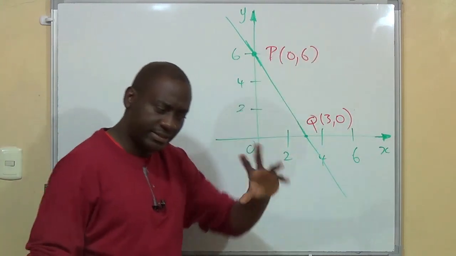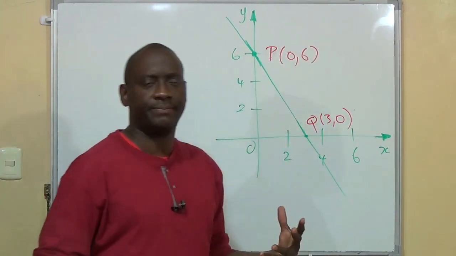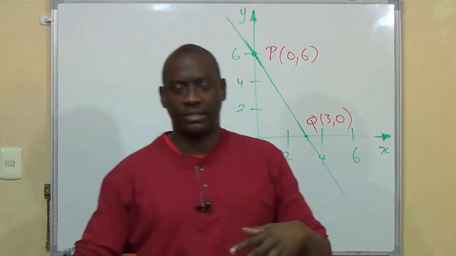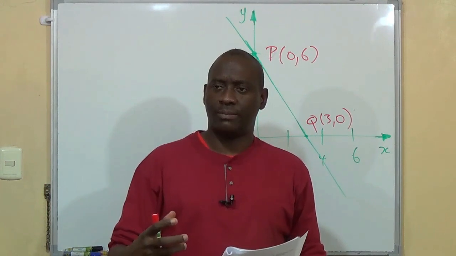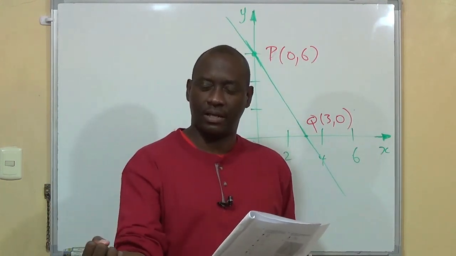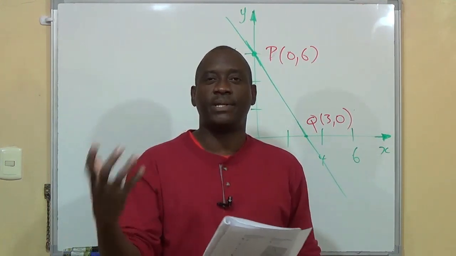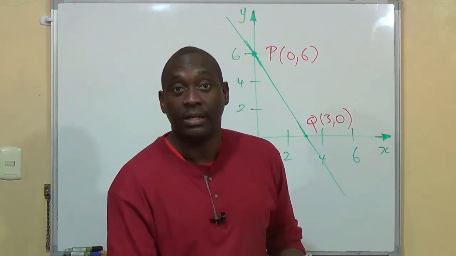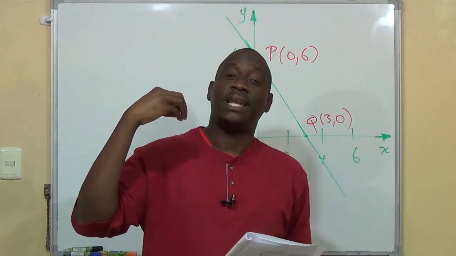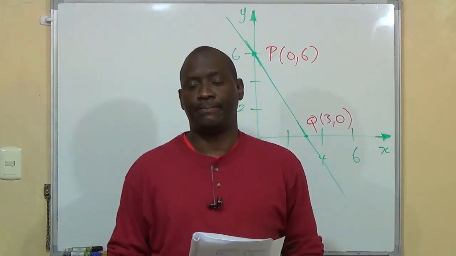So these are little things that you need to keep in mind as you're doing this particular topic of straight lines. It is not always about grasping for a formula. You need to have a picture in your head of what a line with a positive gradient looks like, and you need to also know what a line with a negative gradient looks like.